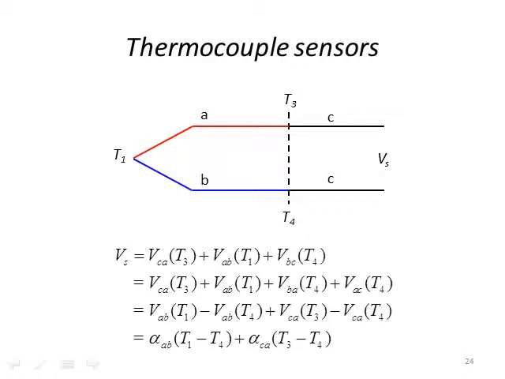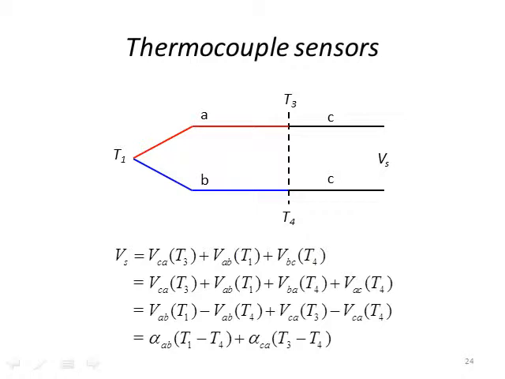So each one of these junctions will give you a voltage drop, and that voltage is going to be sensitive to a particular temperature. So then we can also say that VCA at T3 plus VAB at T1 plus VBA at T4 plus VAC at T4.